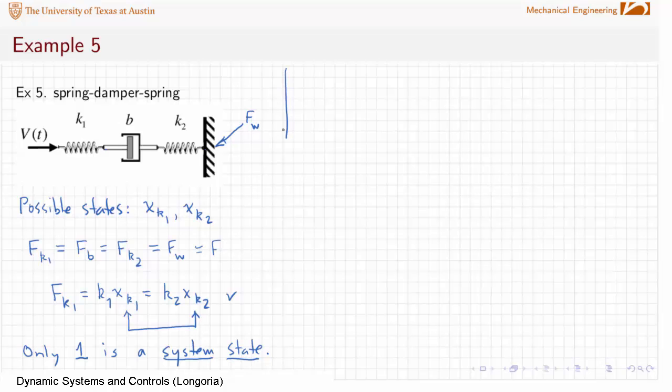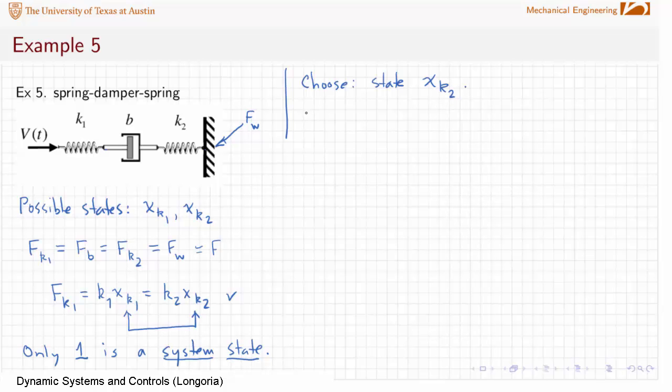So how do we go about finding that state equation? Let's choose for our state xk2. We could just as well have chosen k1, but let's just choose k2. How do we find now a state equation for that?